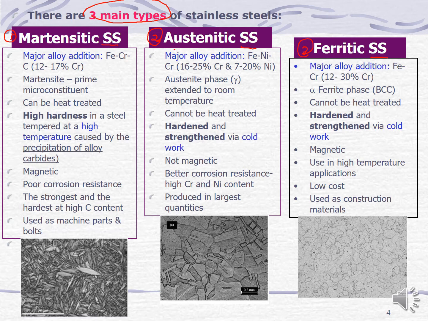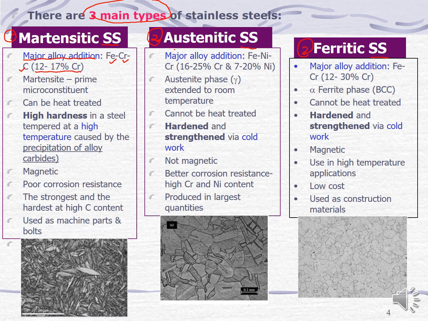The first comparison is on the major alloy addition. For martensitic stainless steel, the alloy consists of iron, chromium, and carbon. The percent of chromium is 12 to 70%.